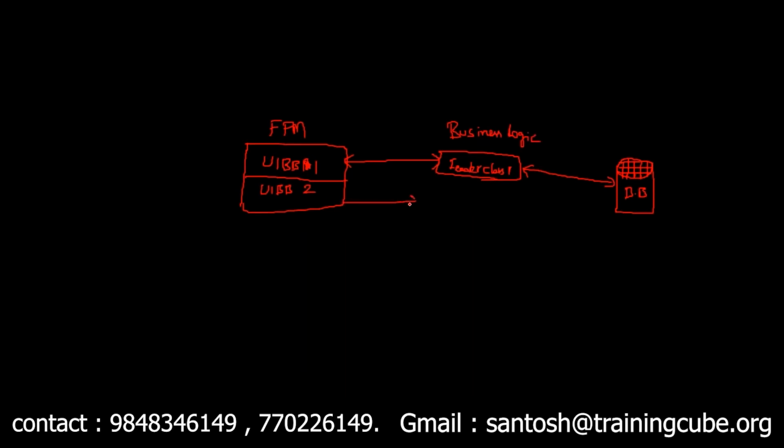Similarly, there will be one more feeder class, which will connect to this database. Now, what did we understand here? There is a feeder class which will connect the FPM UI to the database, and this feeder class will contain a business logic to read and post the data. That's the purpose of a feeder class. Every UIBB will have its own feeder class.